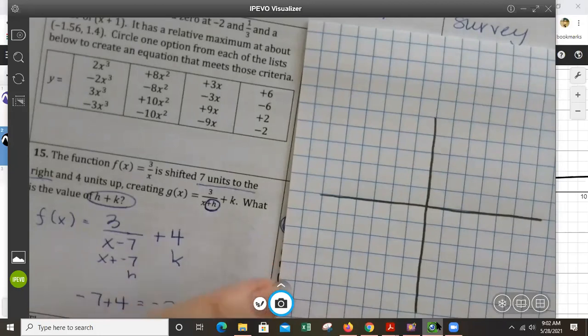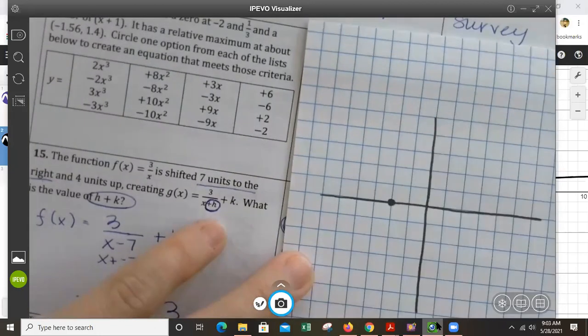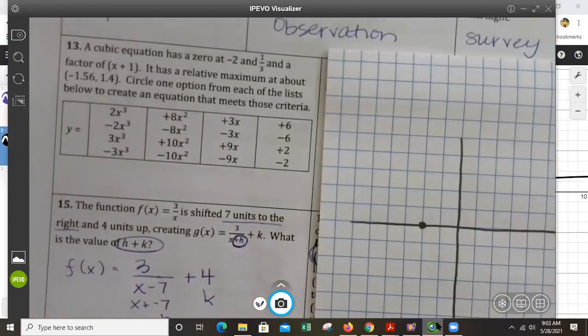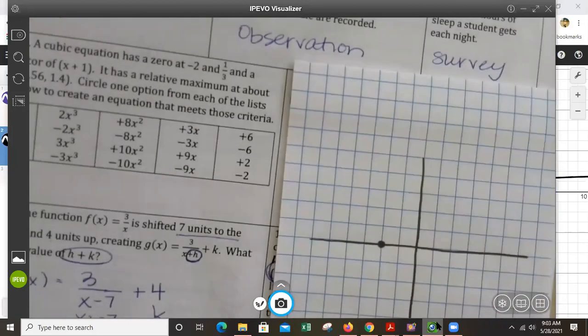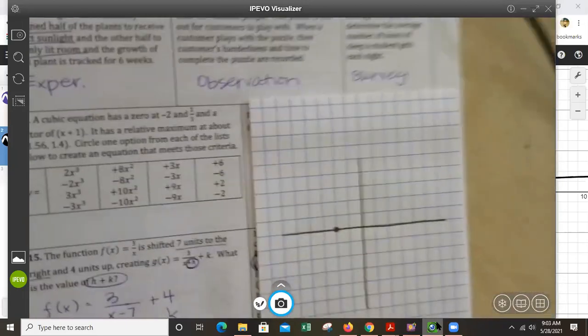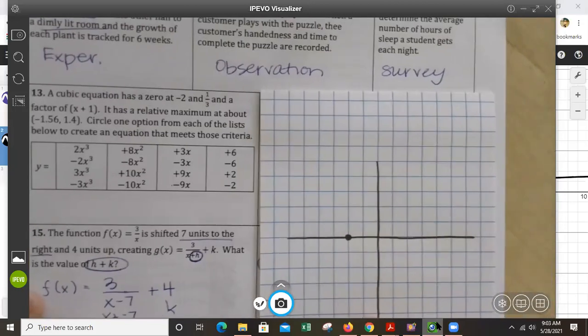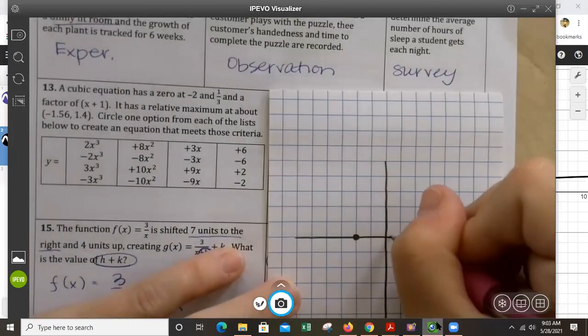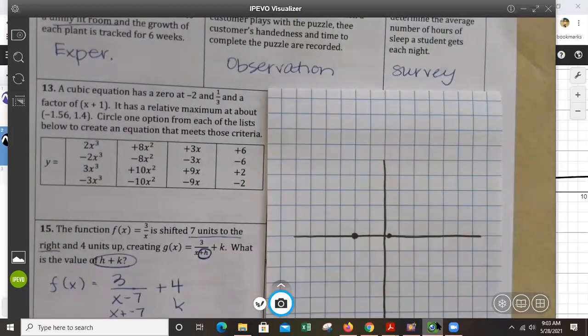All right. A cubic equation has a 0 at -2. That means it crosses at -2. And 1/3. And a factor of x plus 1.